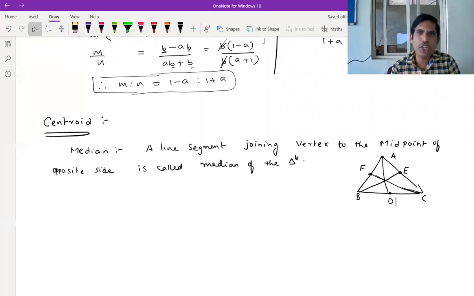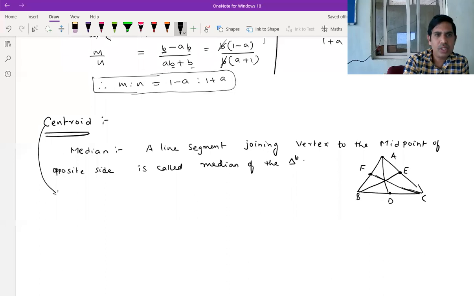First of all, before going to discuss about centroid, we have to know median. Median, nothing but what is that? A line segment joining vertex to the midpoint of opposite side is called median of the triangle. Understood? Now come to centroid definition. I am giving. So definition.